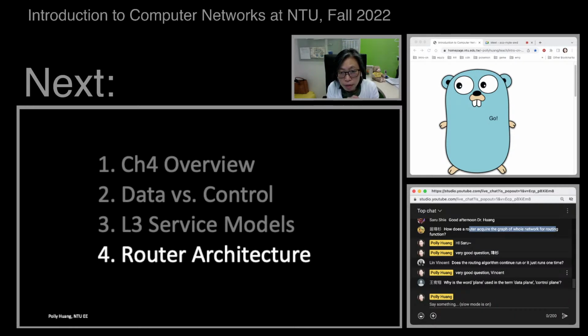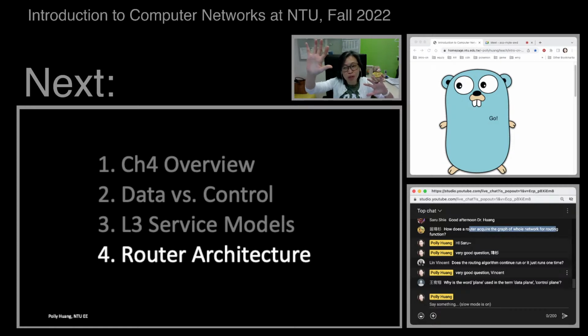And Yo Xiang was asking, why are we using the terms data plane and control plane? Yeah, so plane meant actually a flat space, or sometimes you call a higher plane a space, and then a lower one another space. The authors of the textbook or the network engineers would like to separate discussions of routing functionality versus forwarding functionality.